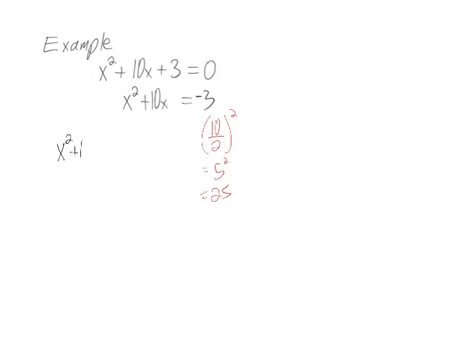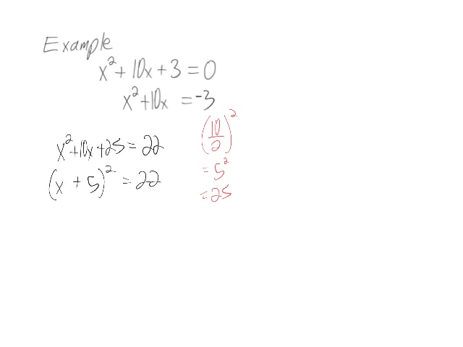x squared plus 10x plus 25 is equal to, if I add 25 to negative 3, I get 22. And then again, this is a perfect square trinomial, so it will factor into x plus 5 squared: the square root of the first term, the sign, and the square root of the last term. Okay.